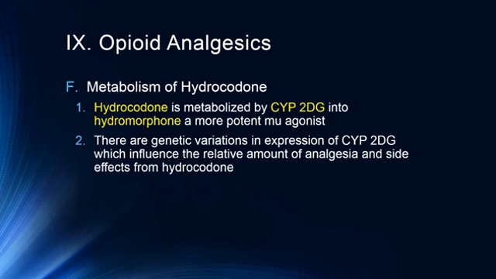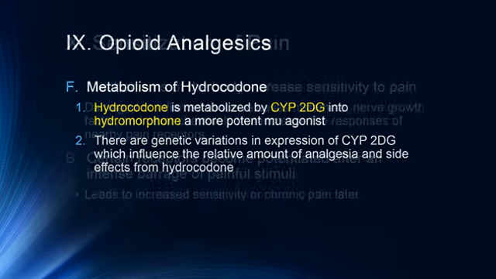Then we also have people who are poor metabolizers who get very little analgesia from hydrocodone because they don't turn enough into hydromorphone, and then there are sort of 2 in between. So there is a future in which we might be looking at genetic profiling to determine which drugs we might want to give somebody.